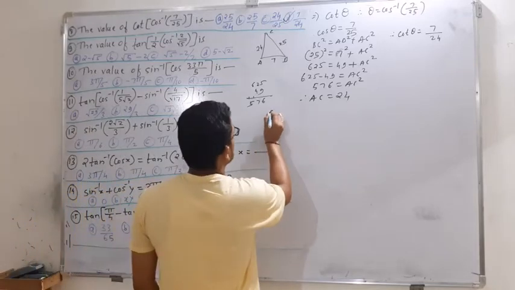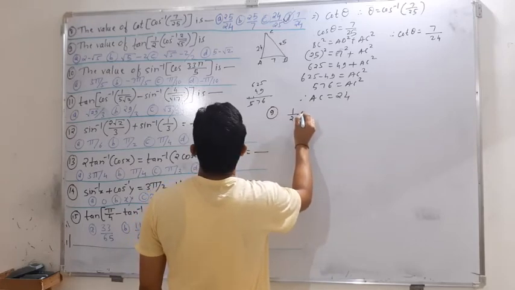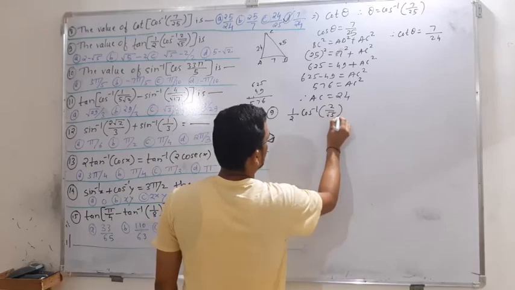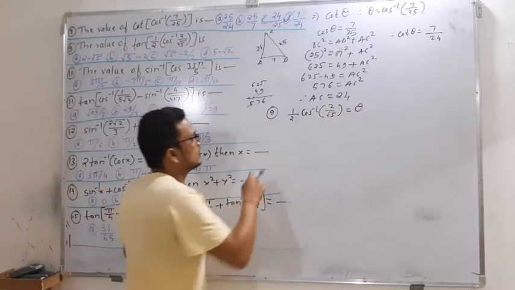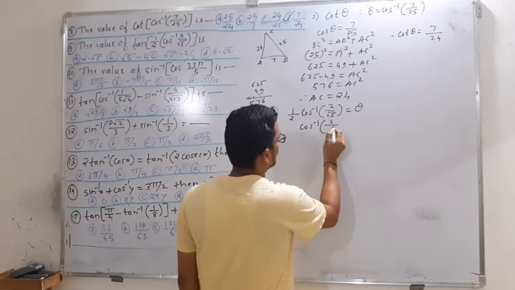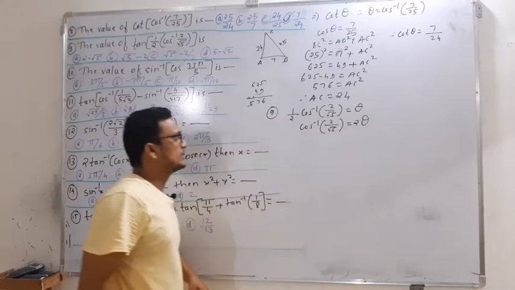Half into cos inverse of 2 by root 5 is equal to theta, and transferring the half, cos inverse of 2 by root 5 is equal to 2 theta.